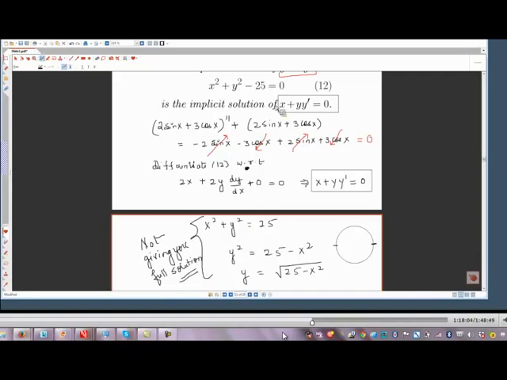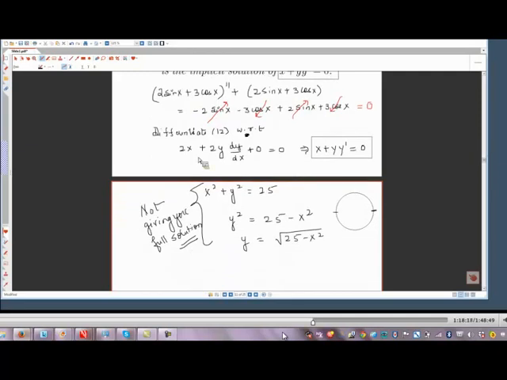The solution is a circle. So whenever you get an implicit equation, the best way to figure out whether that is a solution of a differential equation is to straight away start differentiating it from scratch. This is a technique you will adopt for implicit solutions.